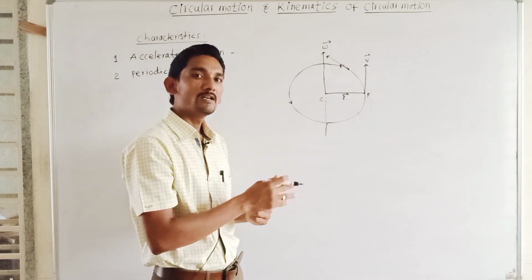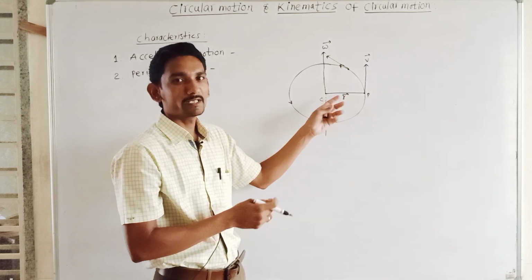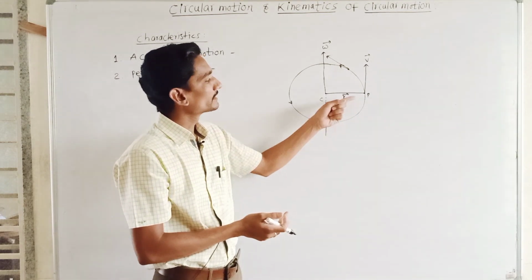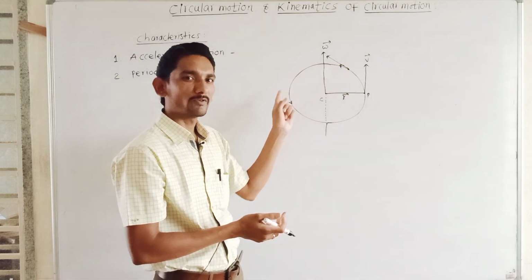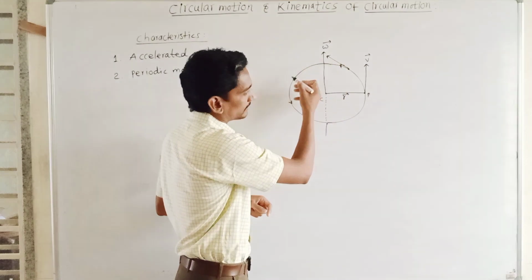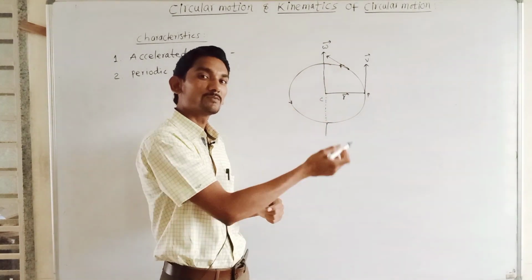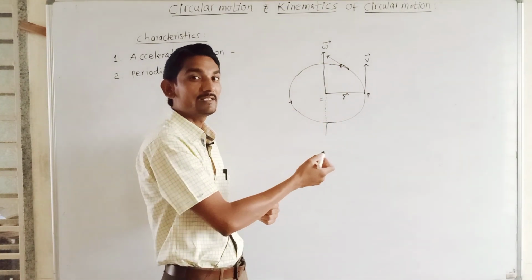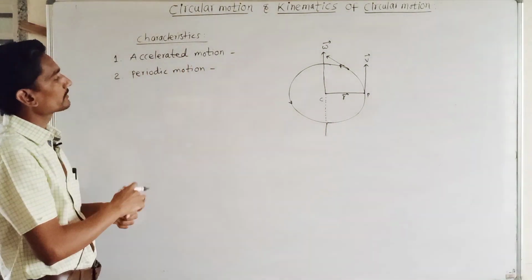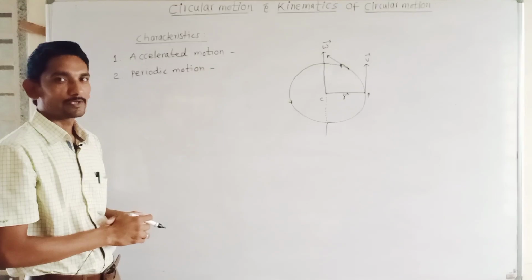If you continuously provide energy to the particle, then that particle can continuously perform circular motion, and therefore it traces its path again and again. It repeats its motion, and therefore circular motion is said to be periodic.